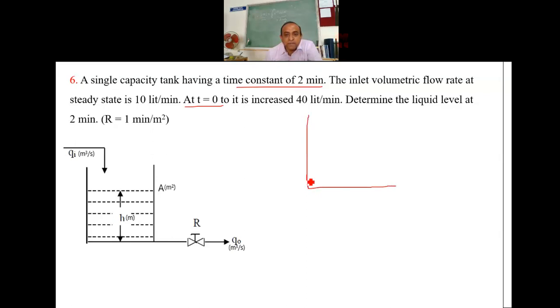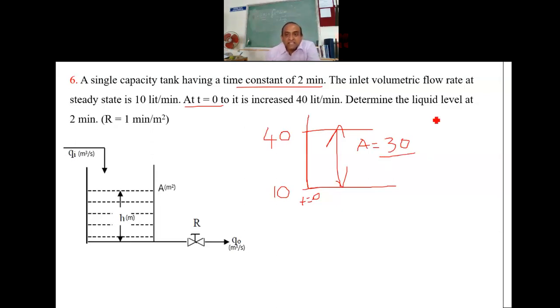Initially it is 10, then it has been increased to 40 liters per minute at time t equals 0. So you can get the magnitude of the step input, A, as 30 liters per minute.